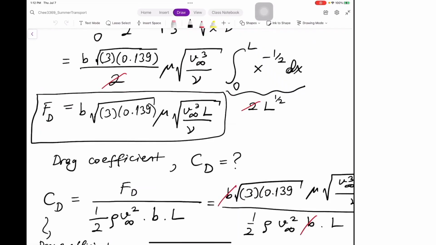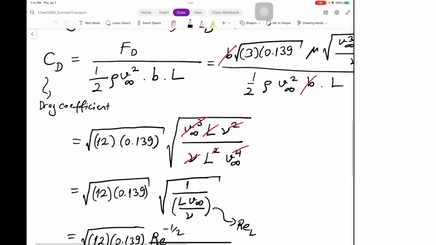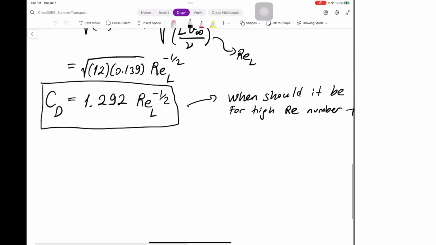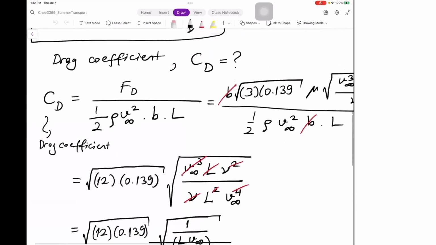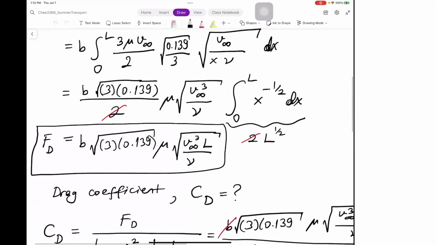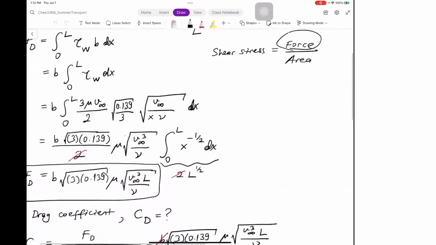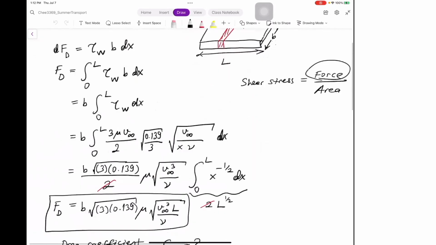You can either use the drag coefficient and multiply it with the average kinetic energy to find the drag force, or you can just use this formula as is, where B is the width.